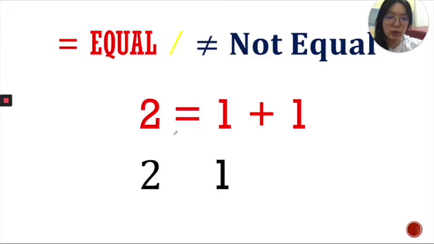Similarly, with numbers, I have 2 on the left and 1 plus 1 on the right. So on the left I have 2, on the right I have 1 plus 1 equals 2. Then left and right are the same, so I can put an equal sign here. But do you think 2 and 1 are equal? No, if they are not, I'll put a not equal sign.